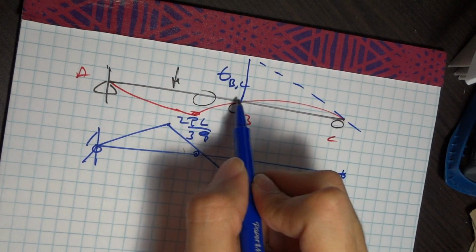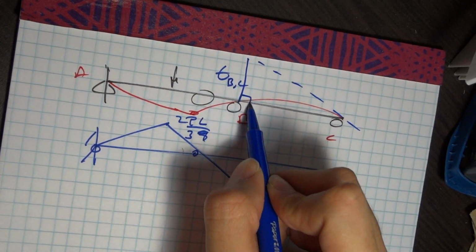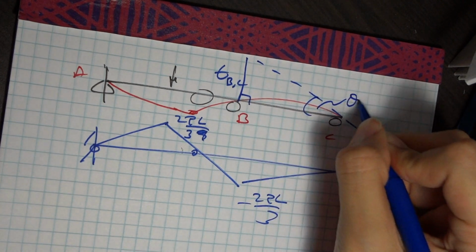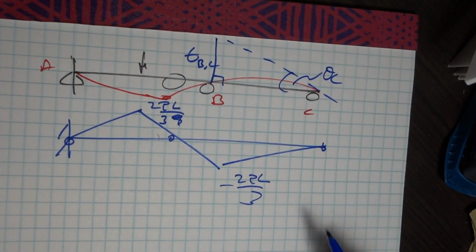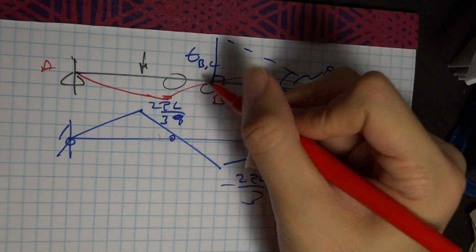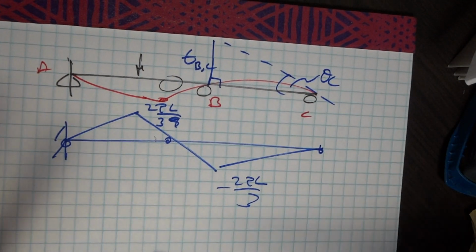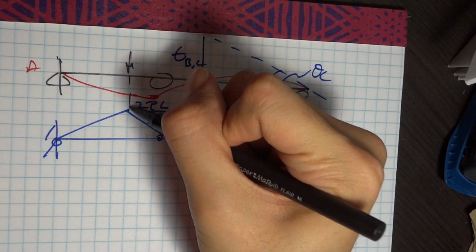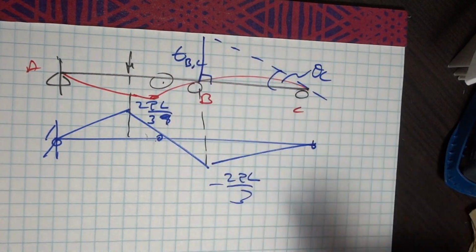Therefore, this is going to be a right triangle, and this is theta C. I can use this information to help me find theta C. What is TBC? If I had drawn my things correctly, this should line up like that.